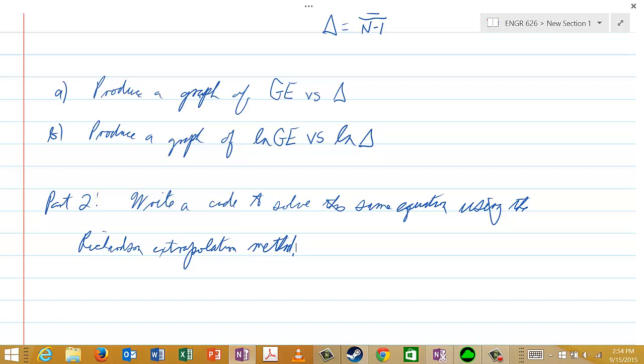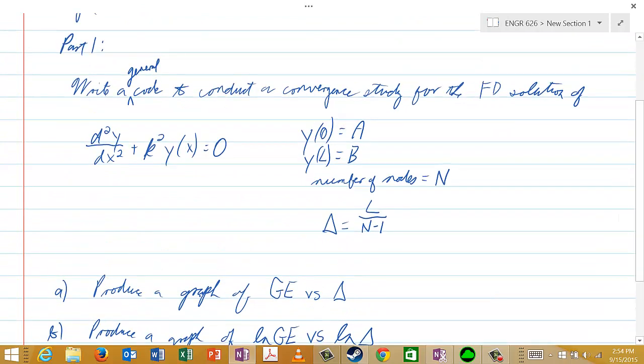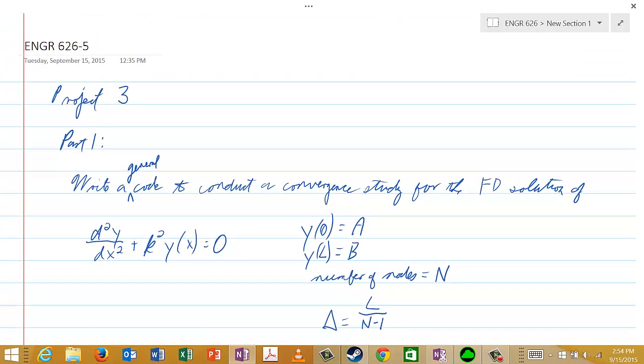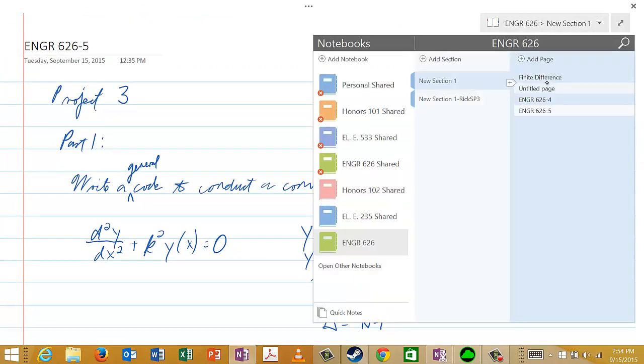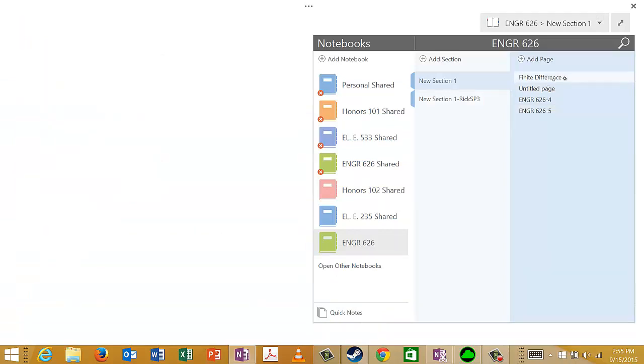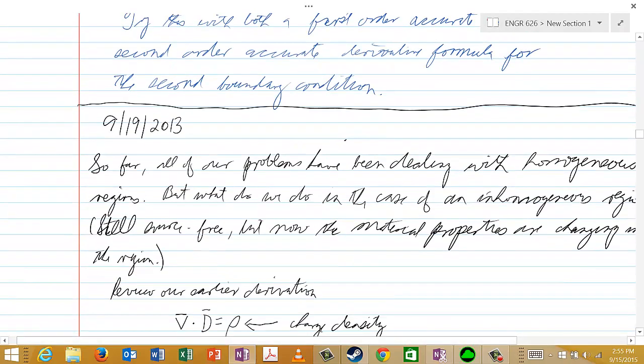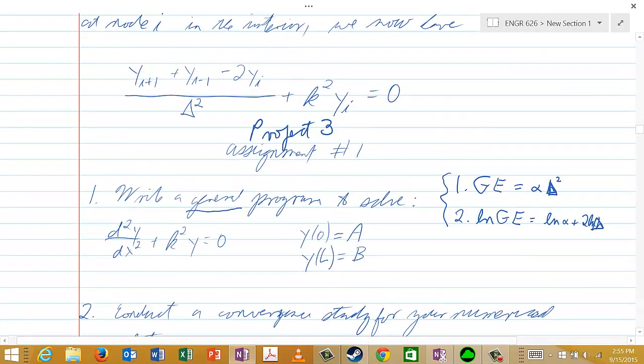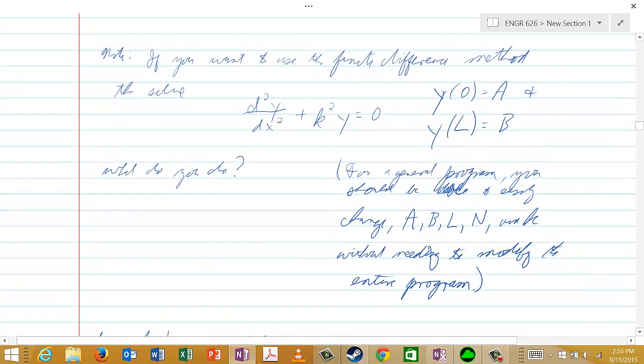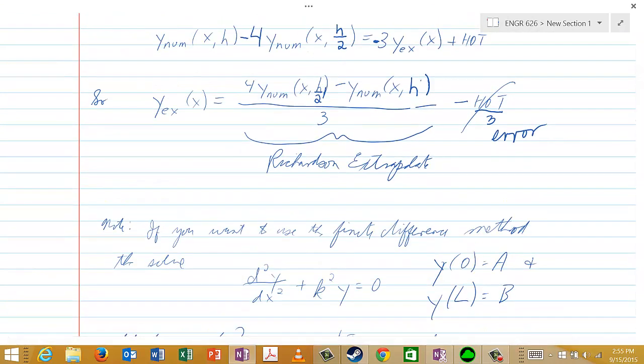Because, see, the Richardson extrapolation formula, again, from our previous notes, the Richardson extrapolate formula that we looked at right here, it involves a solution calculated at 2 different values of delta, at h and at h over 2.